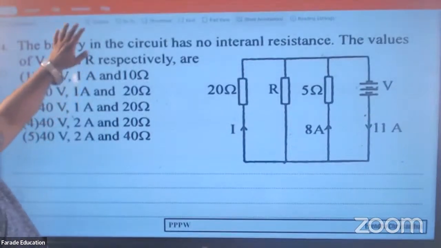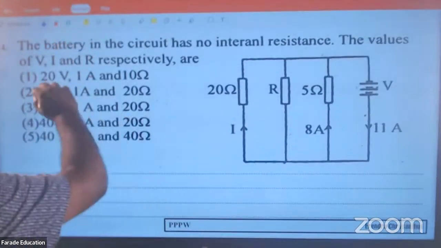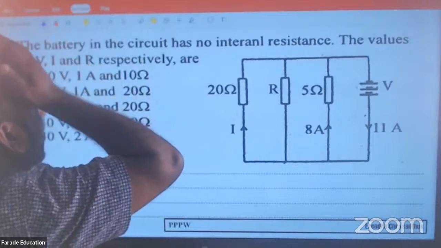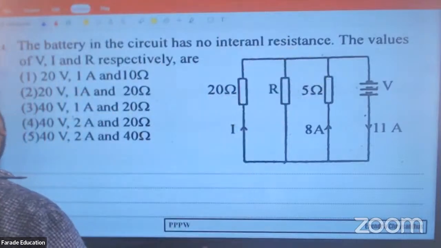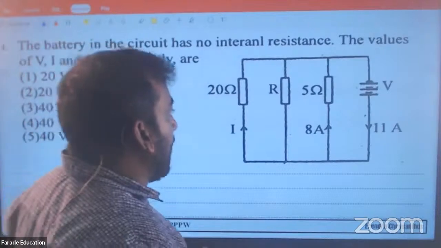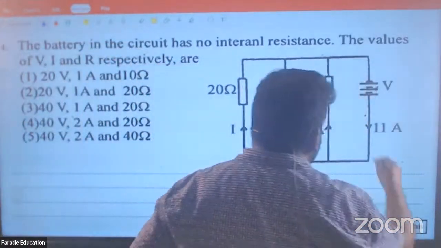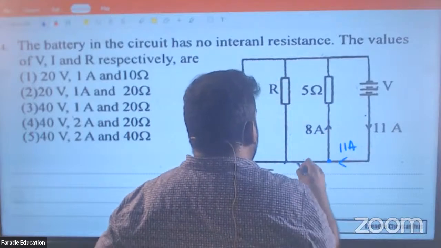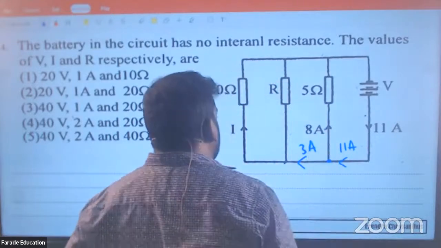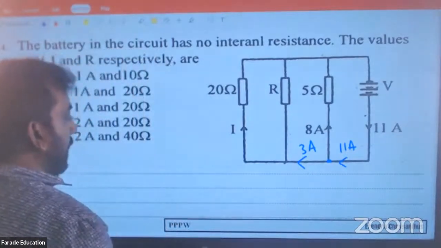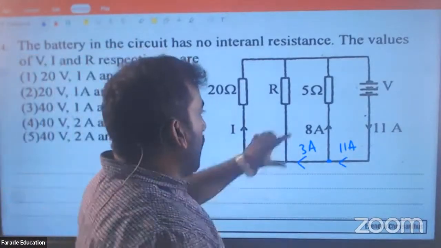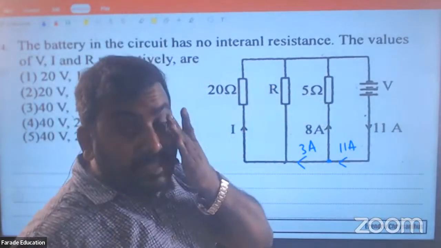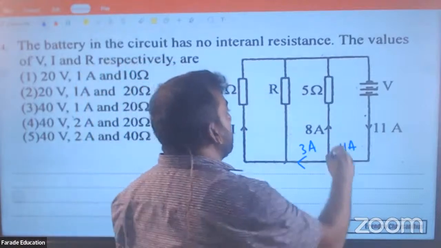Electrical circuit. Nice. The battery in the circuit has no internal resistance. Values of V, I, R respectively are. Okay, look at the board carefully. 11 amperes coming here, 8 amperes going there means 3 amperes is here. All these resistors are parallel, which means their potential differences are same.